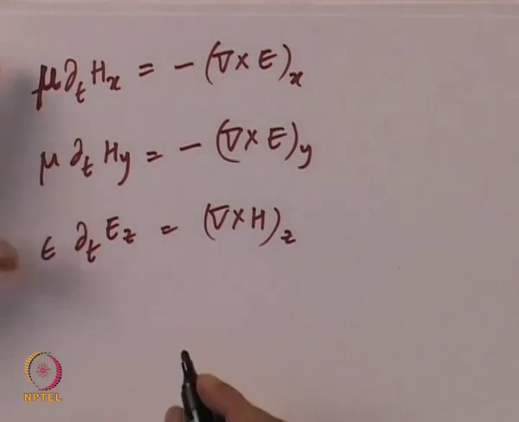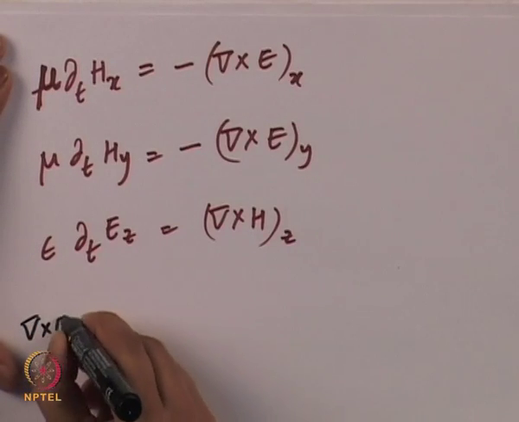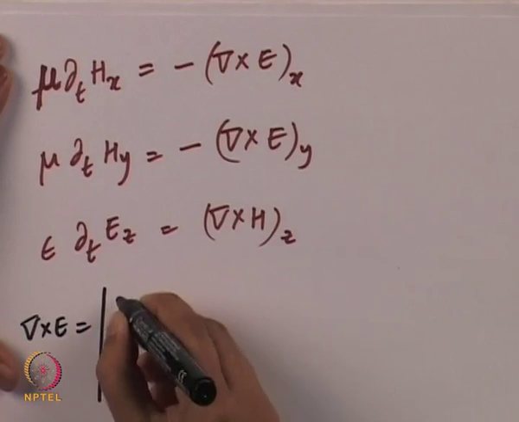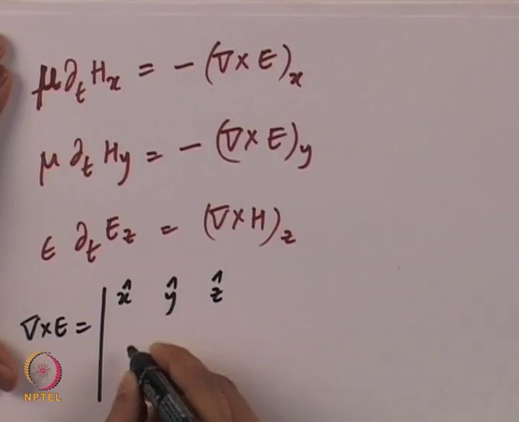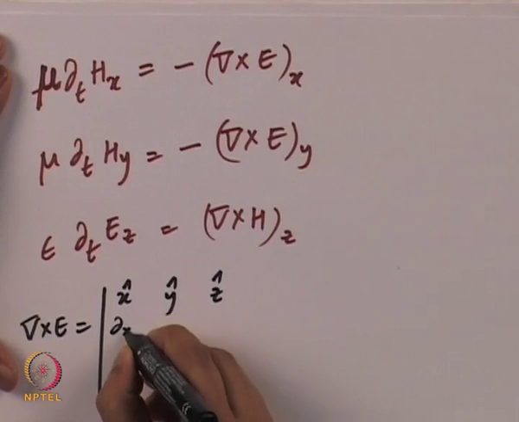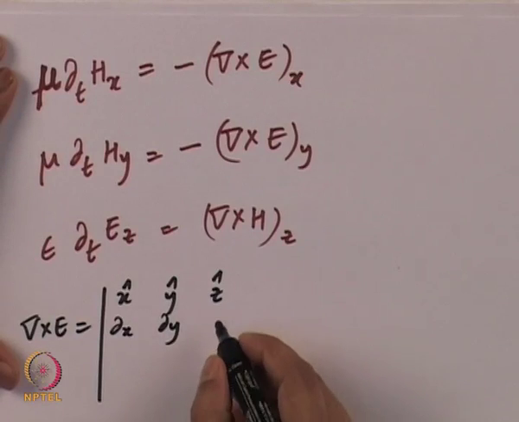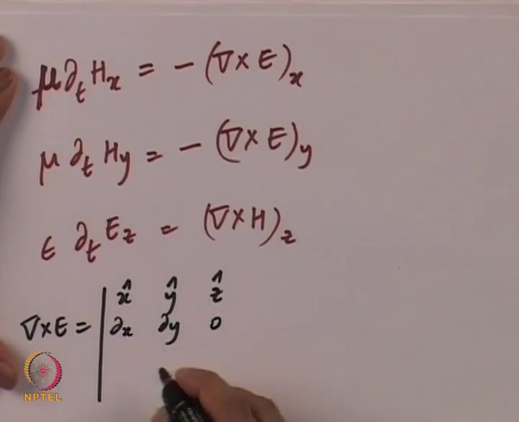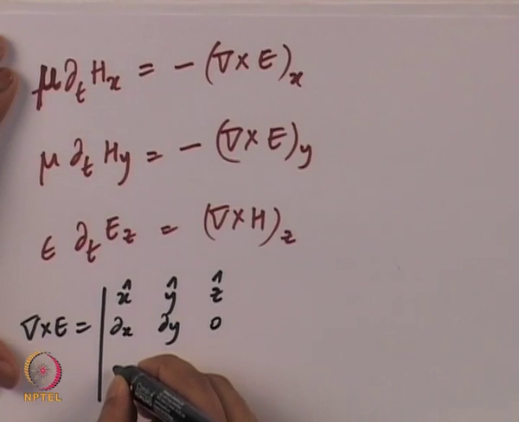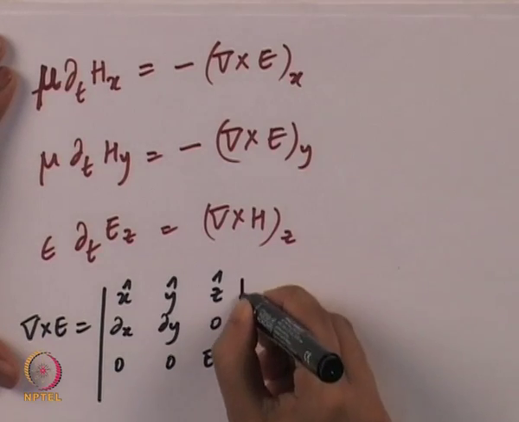So I am going to start with the E term. The del cross E is equal to x, y and z, you have dou x, dou y. There is not going to be any variation in the z direction, we can put them to be 0, and we have 0 0 Ez.